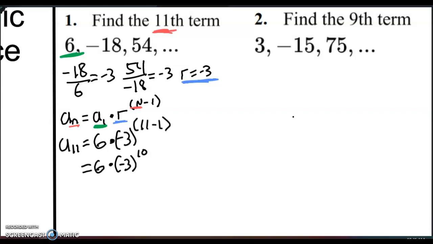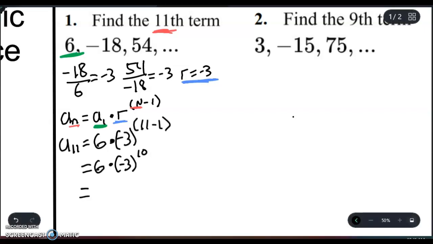When you type this in the calculator, make sure you type negative 3 in parentheses raised to the 10th. Here's a hint: if it is negative and you have an even exponent, it's going to be positive. If it is negative and you have an odd exponent, it's going to be negative. If you type it in the calculator, just put it in parentheses and it'll tell you what sign it is.